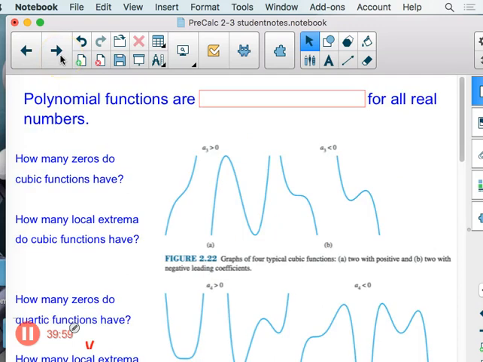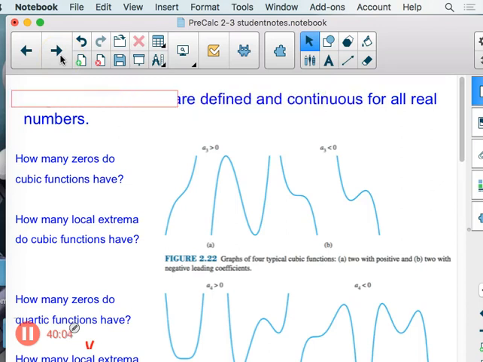So on this page, we've got polynomial functions, blah, blah, blah, for all real numbers. Hey, we already wrote that down earlier in our packet. Polynomial functions are defined and continuous for all real numbers. No breaks, no jumps, nothing weird. And why is that?